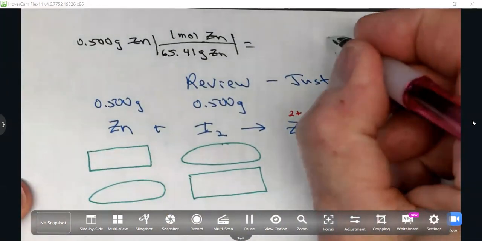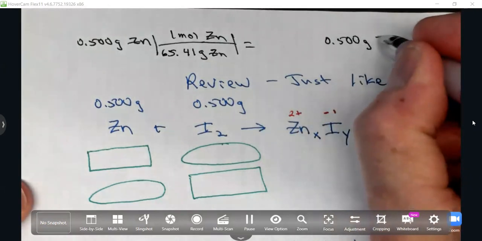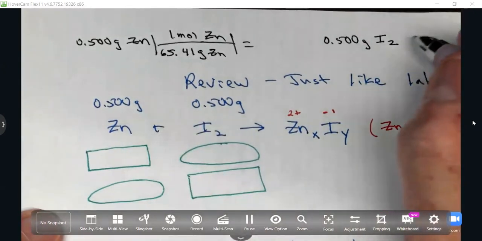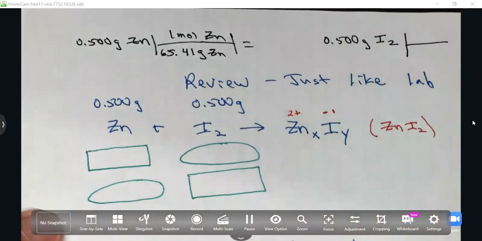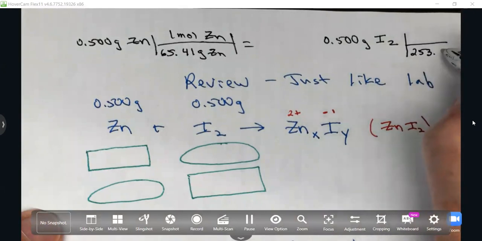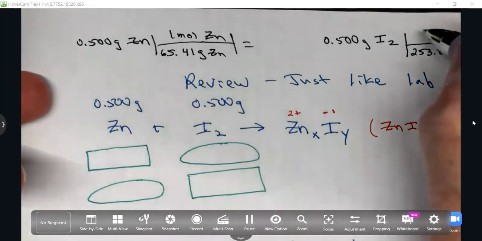And for iodine, we have, obviously, you're not going to wait for the balance to get exactly 0.500, but I think it says between 0.4 and 0.6 or something like that. And then we have I2, whose molar mass is going to be 253.81 grams per mole.